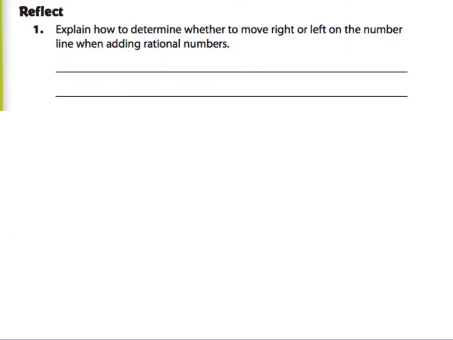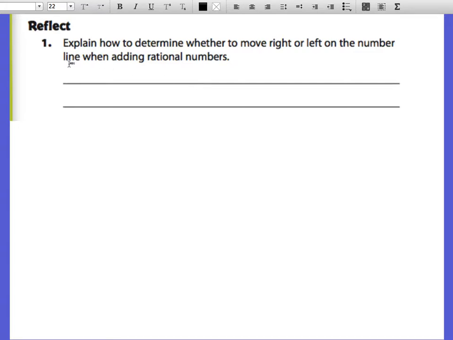So explain how to determine whether to move right or left on the number line when adding with rational numbers. So this goes back to the original problems with adding rational numbers. Remember, when adding positive numbers, you move to the right on the number line.